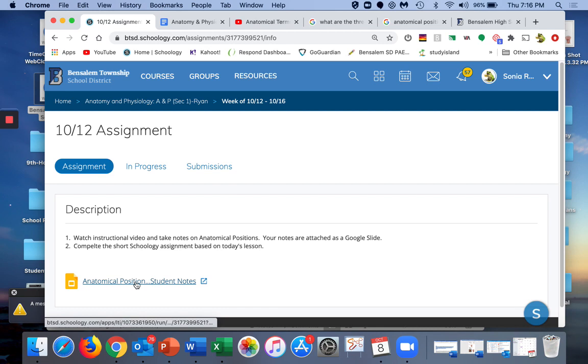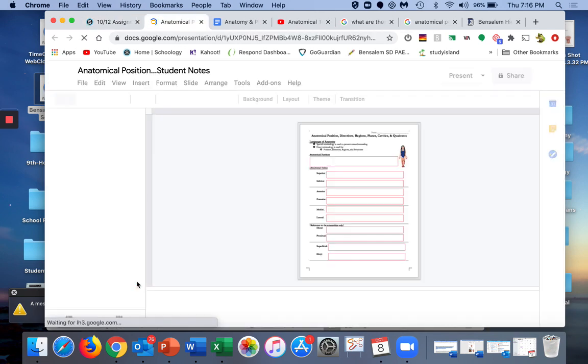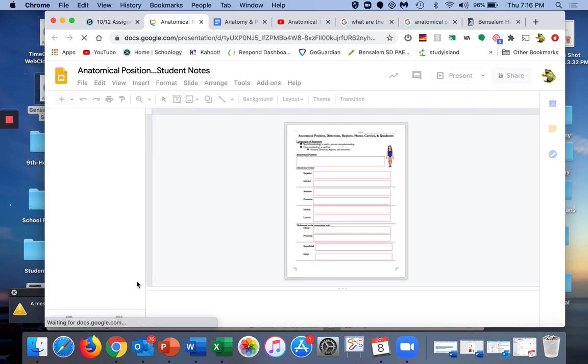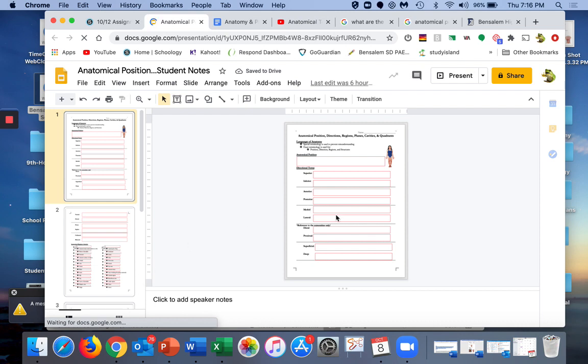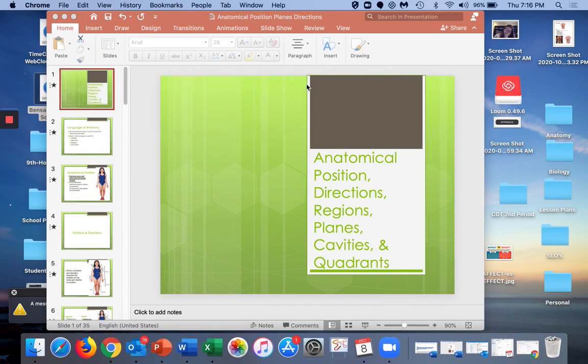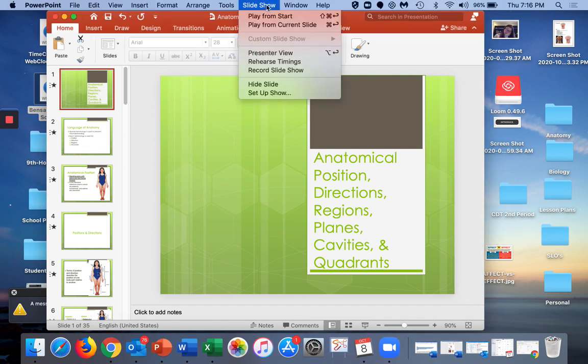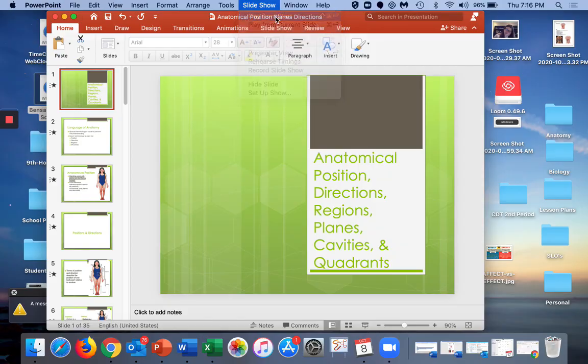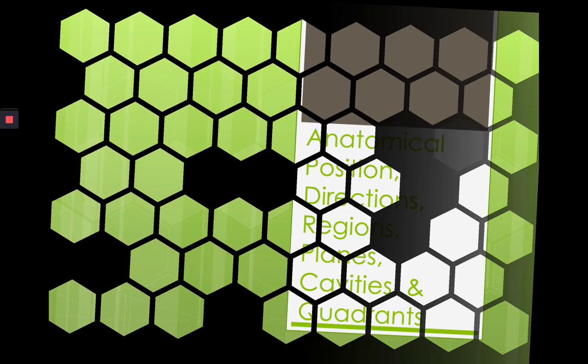And so here it is. If you click on that, it takes you to the student version. This is where you're going to type in all of these red boxes as we go along and learn the day's lesson. So you should have the student note packet open right now, and as we go through our lesson today, you should be filling that in.